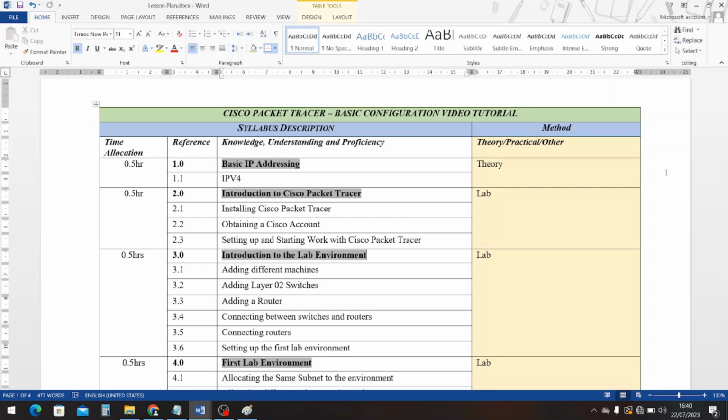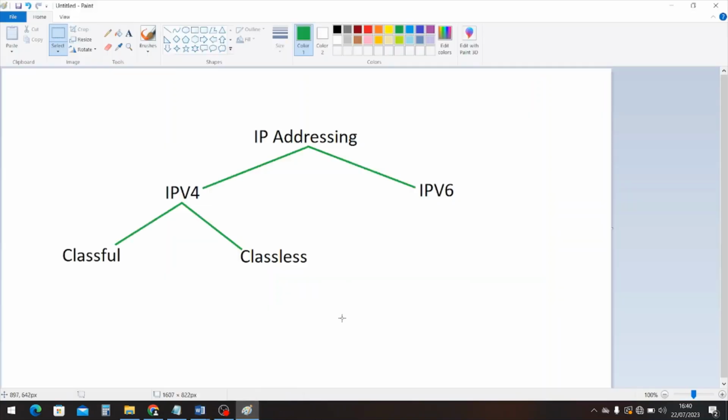IPv4 has been there for a very long time. The latest is IPv6, as the diagram indicates now. IPv6, which is the latest one, means that in the whole earth, every square foot could be allocated an IP address.